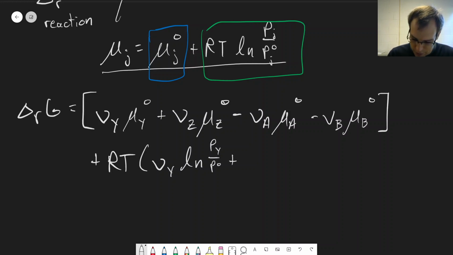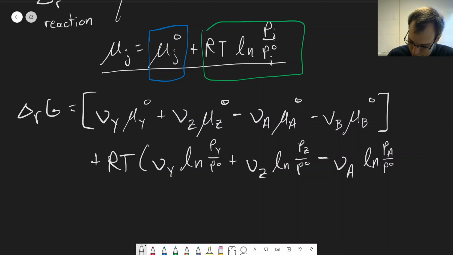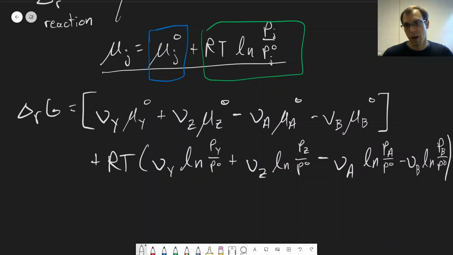That's how we define this. Stoichiometric coefficient for z, natural log of pz over p naught, minus the stoichiometric coefficient for a, natural log of pa over p naught, minus the coefficient for b, natural log of pb over p naught. Phew. All right, that's our whole equation.